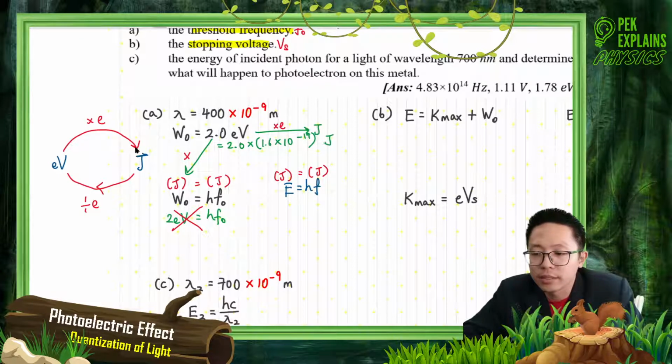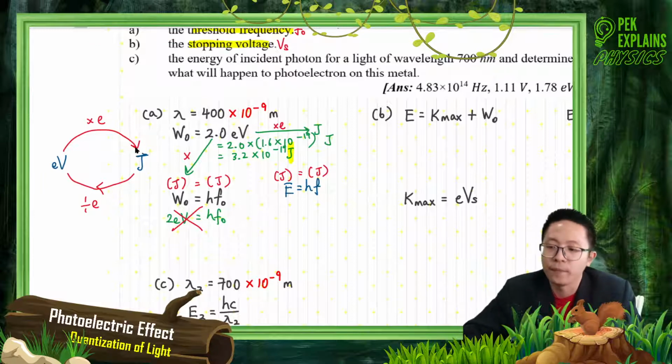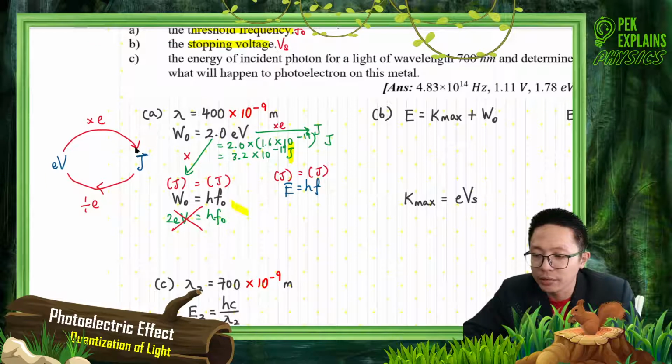Then you get the answer in joule. Okay, 2 times 1.6 is 3.2 exponent negative 19 joule. So the energy is already in joule. Now you can do this safely.